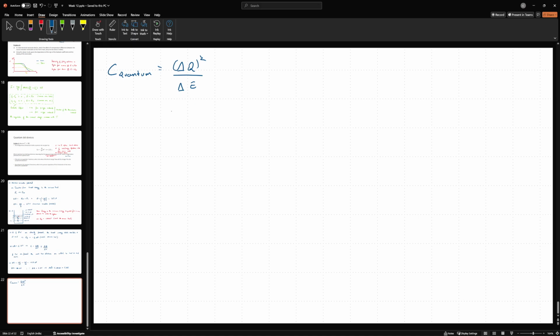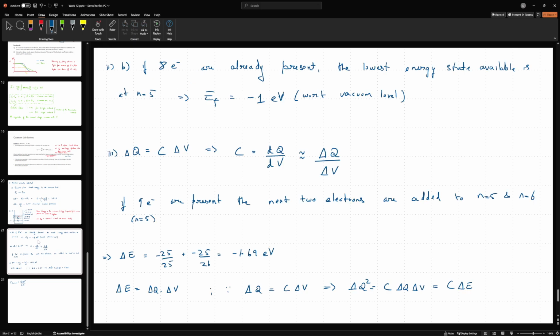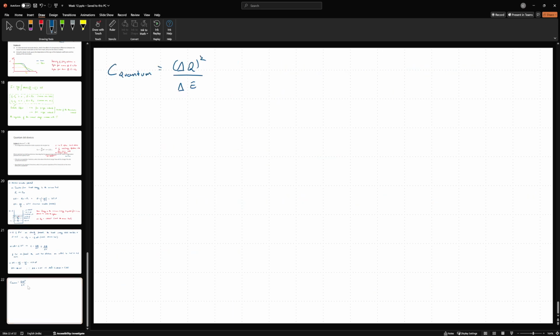So delta E is given to be 1.69 electron volts, and delta Q is 2 electrons. It's 2 times the charge of an electron, so it is going to be 4 times E squared. That is ultimately going to come out to be 2 divided by 1.69 volts.